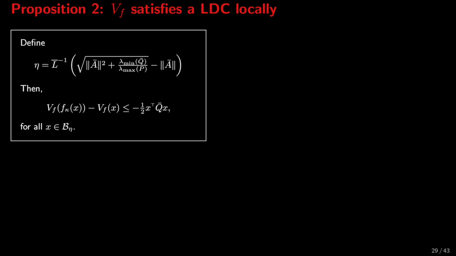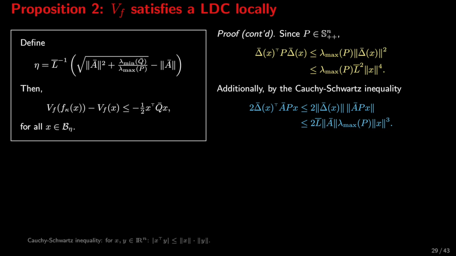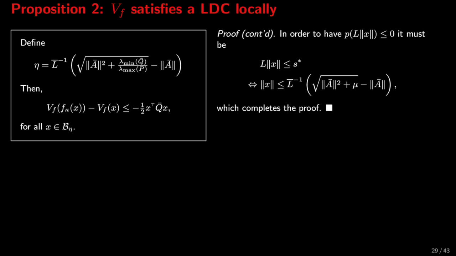Eta is a scalar, a constant that is given by this equation you see here that involves L bar, the norm of A bar, the minimum eigenvalue of Q bar, and the maximum eigenvalue of P. The inequality states that Vf of f_κ(x) minus Vf of x is less than or equal to minus 1/2 x transpose Q bar x, and this holds for all x in a ball of radius η. The proof is in the slides if you would like to have a closer look and study it.